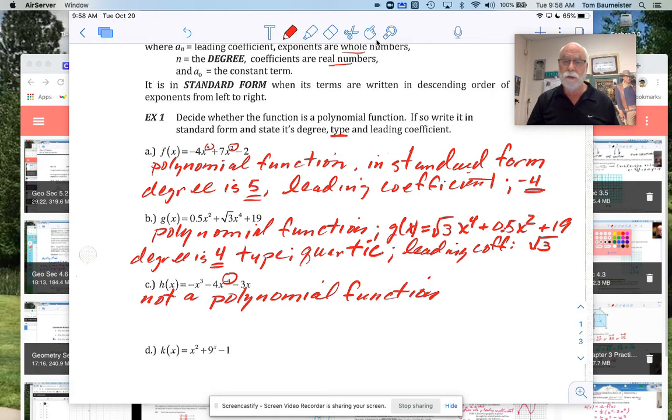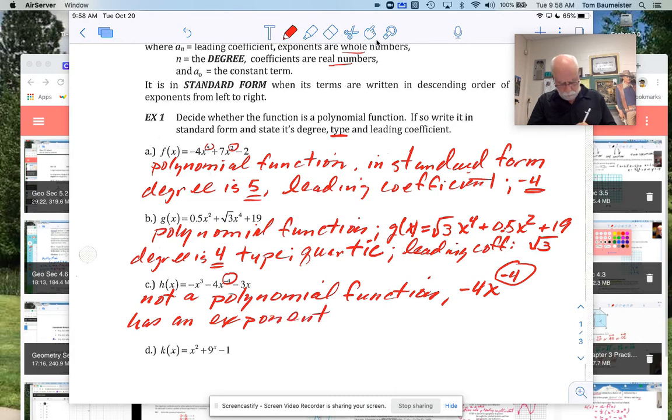Okay, it is a function, but it's just not a polynomial function. All right, and your reason is negative 4x to the negative 4th. I just told you that right there. Has an exponent that is not a whole number.